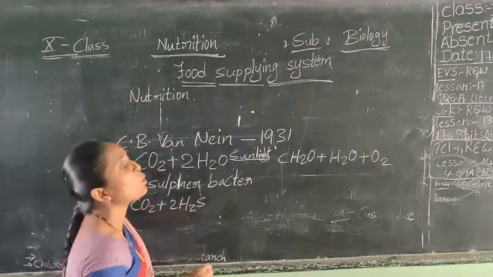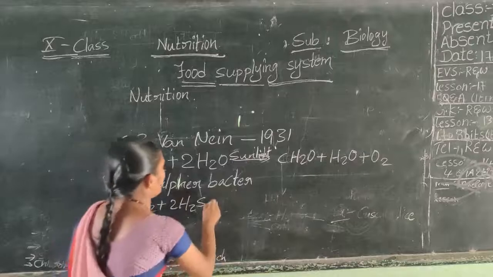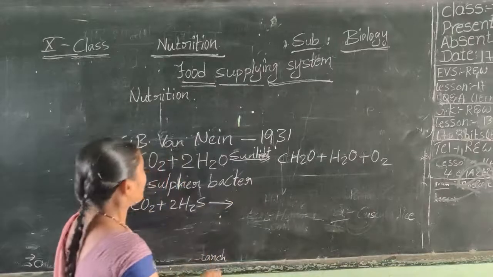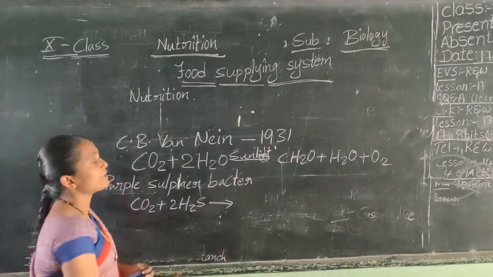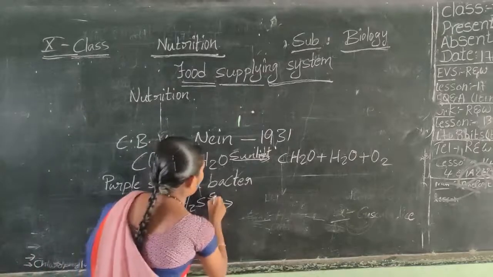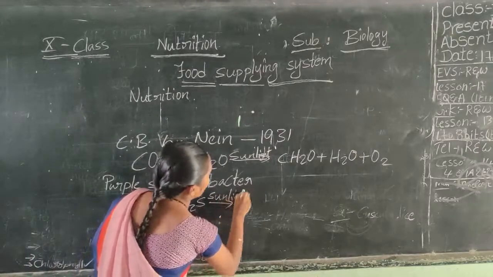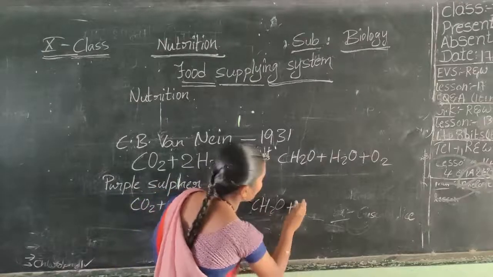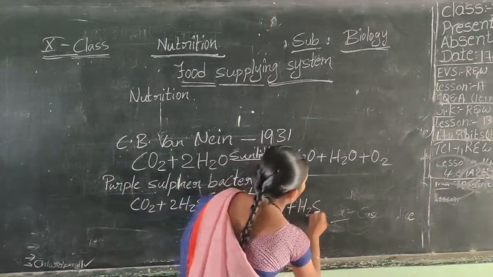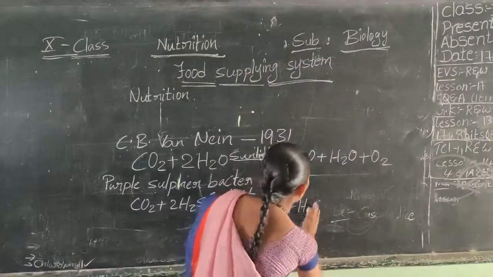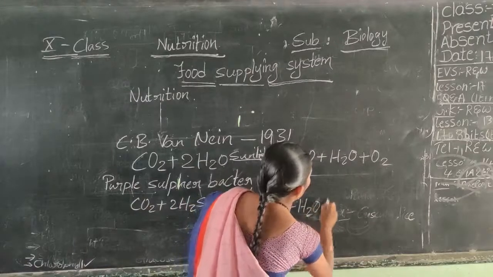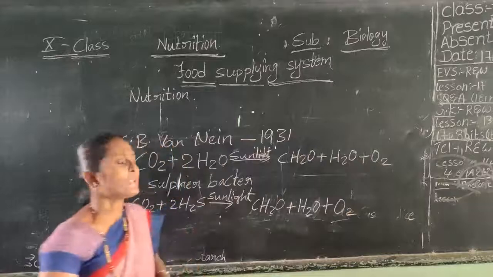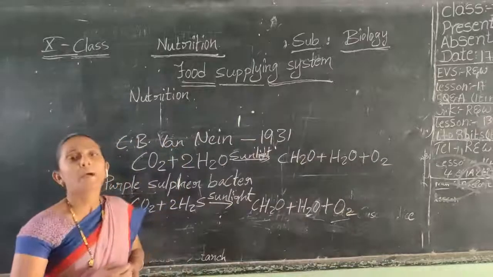So there is no liberation of oxygen, you have to see here. Why? We are using H2S instead of water. So this is the equation for photosynthesis in the case of purple sulfur bacteria.